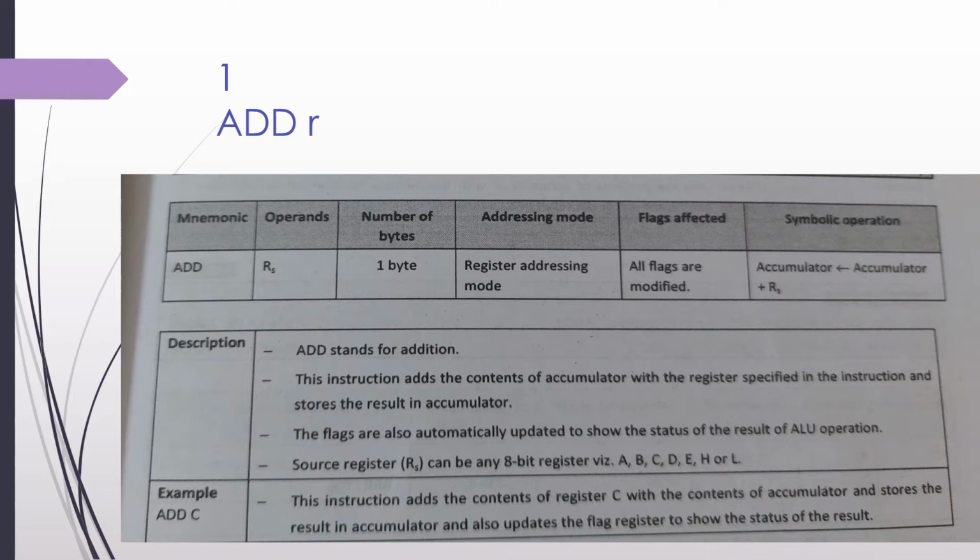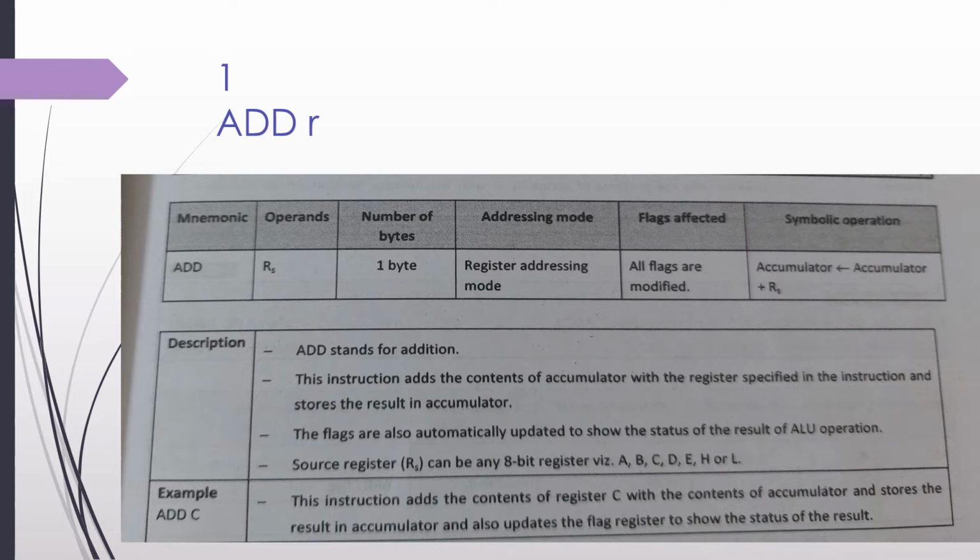As we have seen here, it is written ADD R. So the valid registers which we can use for addition are all the general purpose 8-bit registers, that is accumulator, B, C, D, E, H and L. So you can have instructions like ADD A, which adds the accumulator to the accumulator.